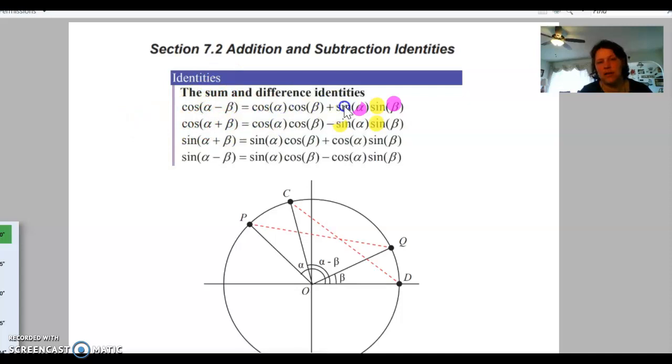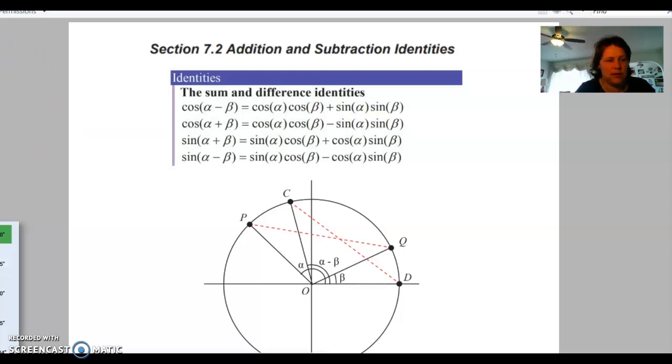So the trig functions are very organized, cosine, cosine, sine, sine, but the signs are different: a plus becomes a minus, or minus becomes a plus.